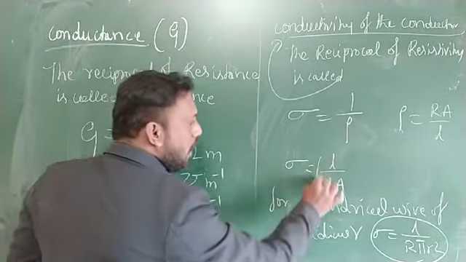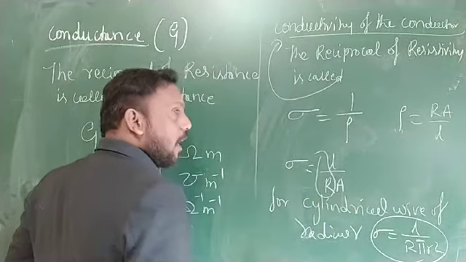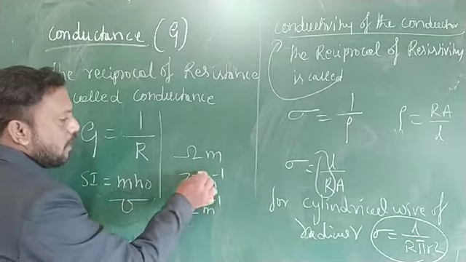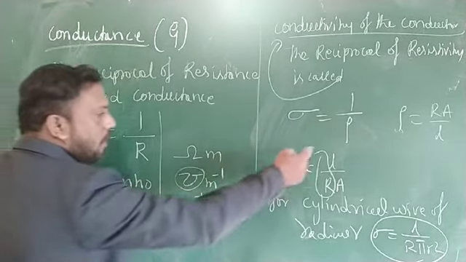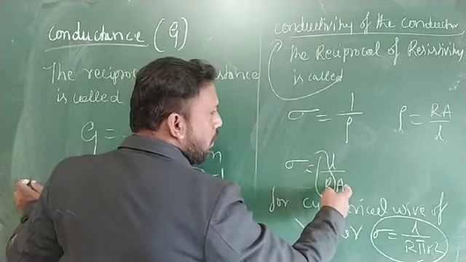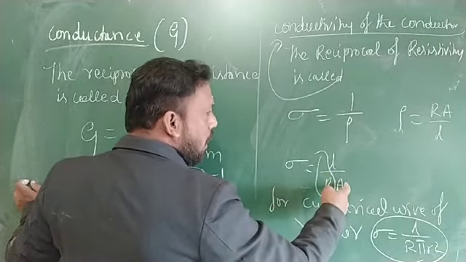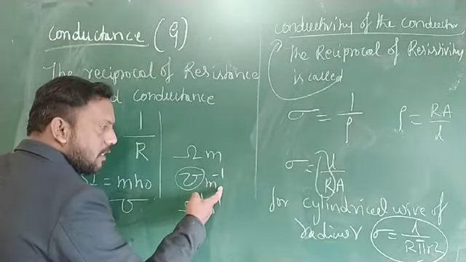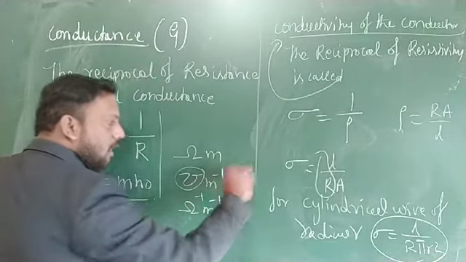Here 1 divided by R indicates conductance. The SI unit of conductance is mho. Dividing by L, the SI unit of length is meter. Mho per meter is the SI unit of conductivity.